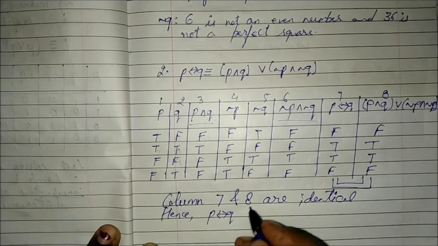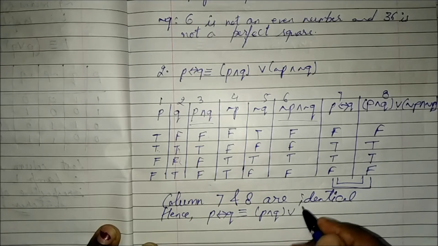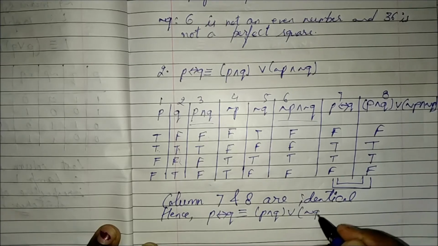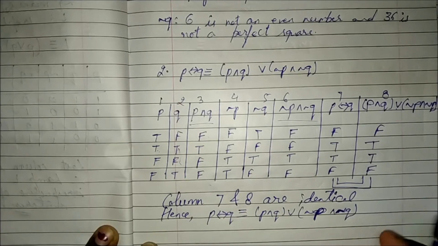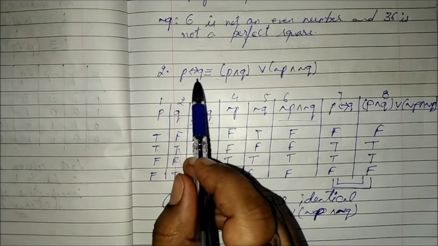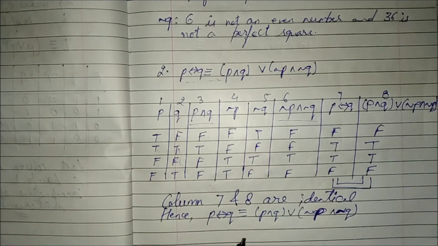Since columns 7 and 8 are identical, the statement is proved, that shows the logical equivalence. Okay, in this way this is proved. So this is the solution of question 2.